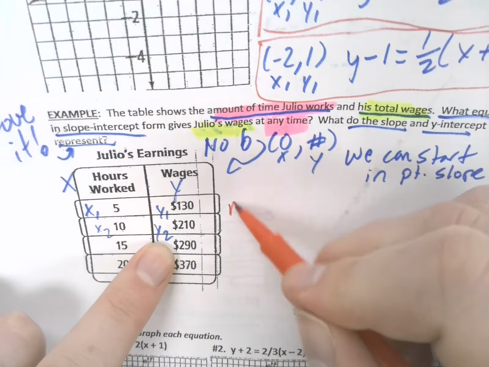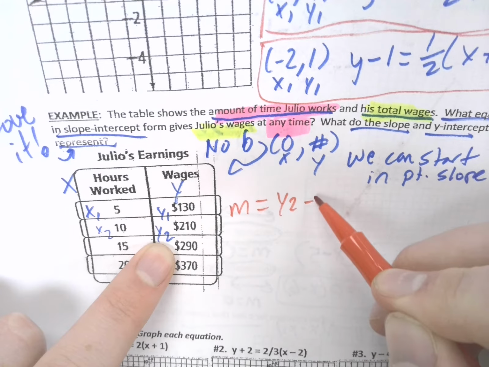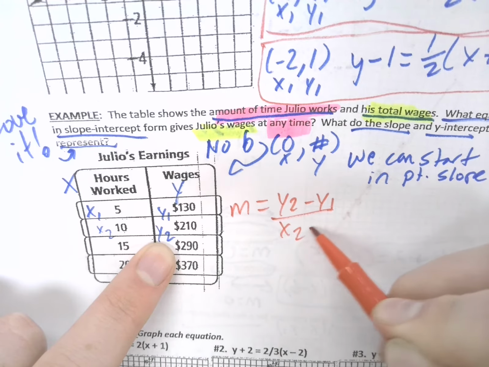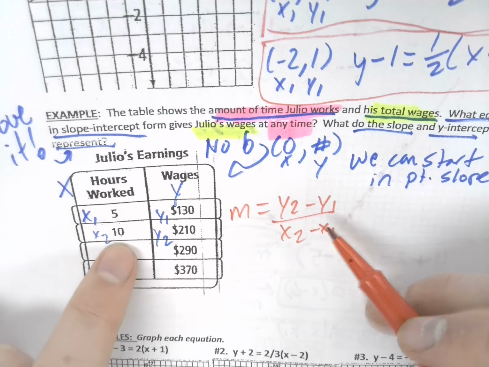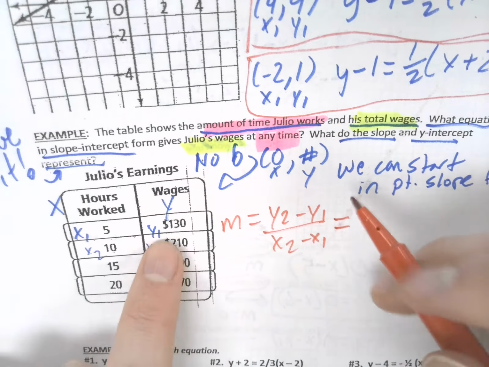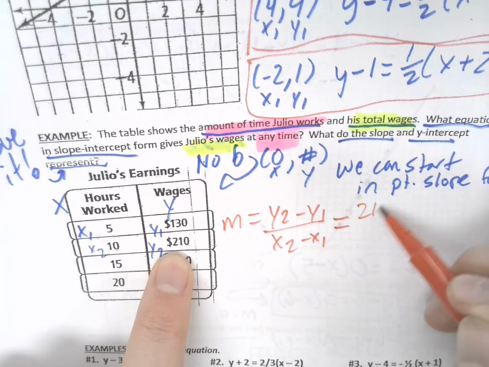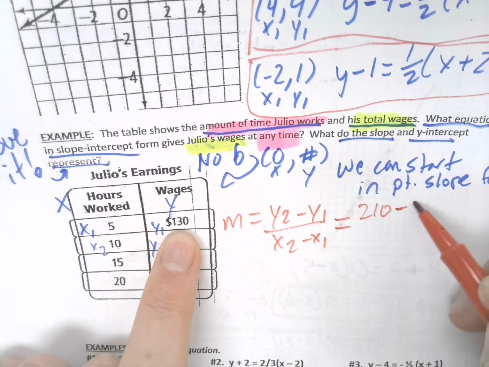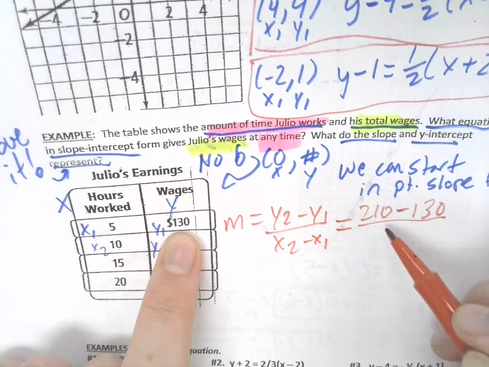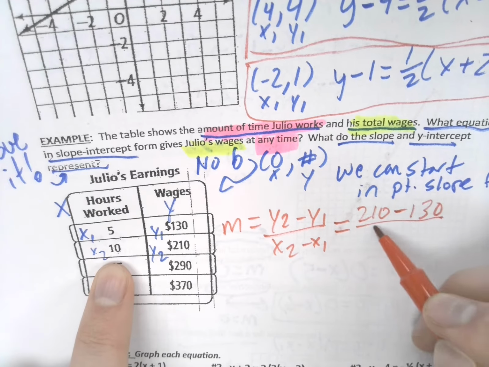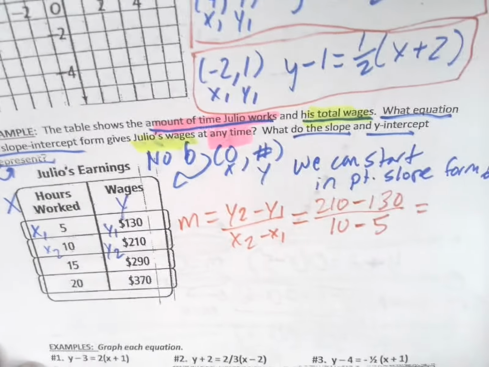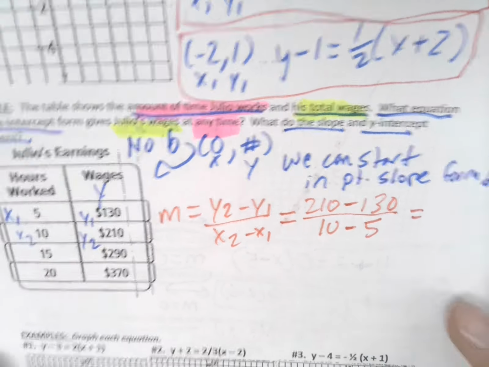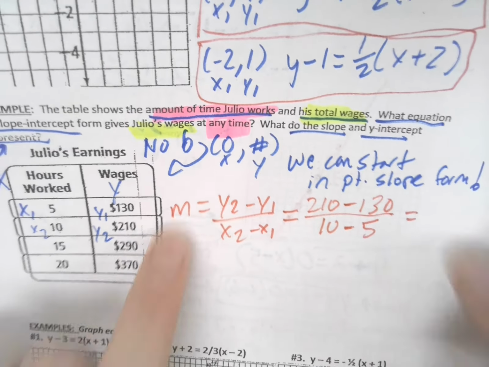Could we maybe bust out the little slope formula? Sure, y2 minus y1 over x2 minus x1. So y2, 210 minus y1 over x2 minus x1. And I'm going to give you guys a chance to see what you end up getting for our slope here.